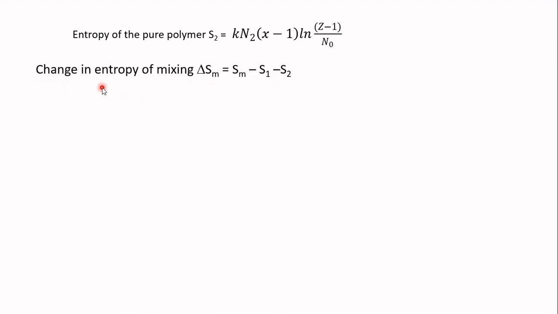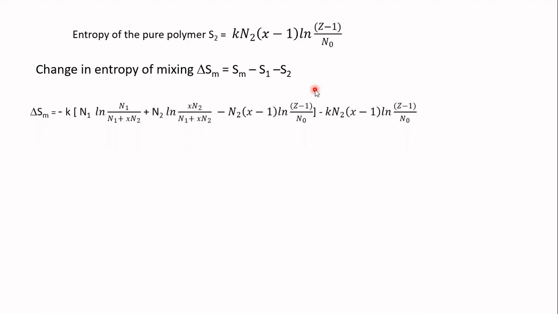Now you consider the change in entropy of mixing, delta Sm, which will be equal to the entropy of the mixture minus the entropy of the solvent minus the entropy of the pure polymer. So you substitute the values: the entropy of mixture, minus the entropy of solvent, which is 0, then minus S2, where the value of the entropy of the pure polymer was substituted.